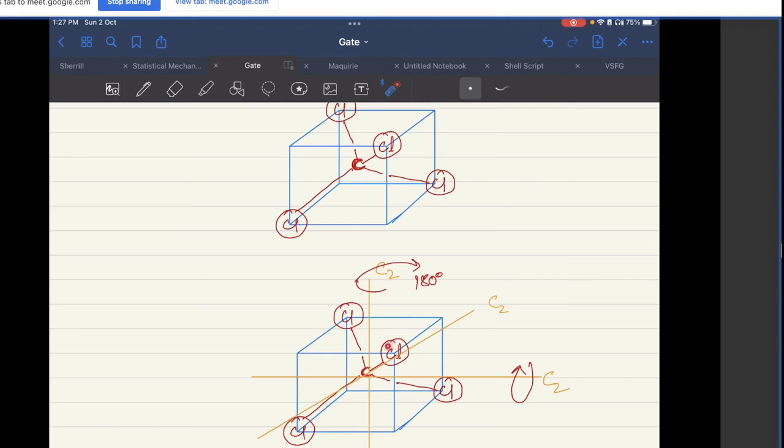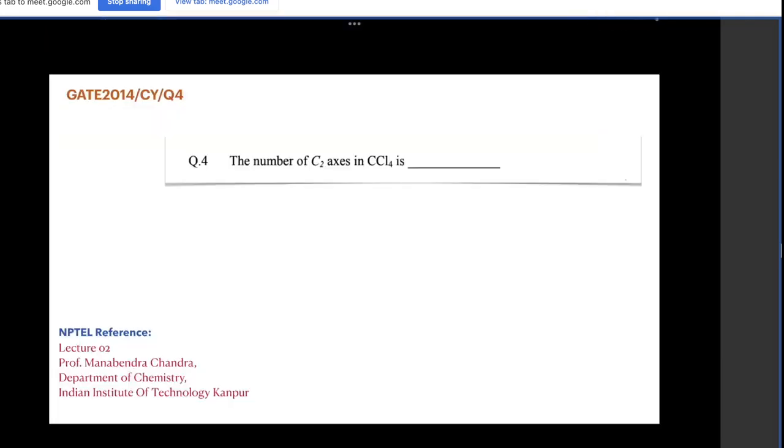So in total, we have 3 C2 axes, and so the answer is 3.